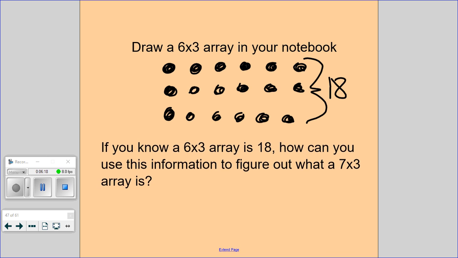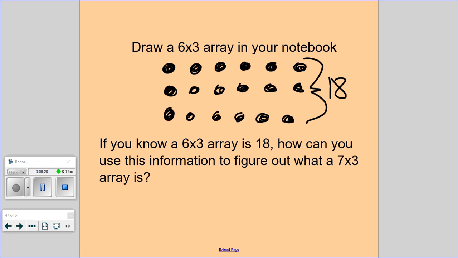If you know a 6 by 3 array is 18, how can you use that information to figure out what a 7 by 3 array is? Nope, I'm not asking you to draw a 7 by 3 array. I want you to tell me in words, if I know a 6 by 3 array is 18, how can I figure out a 7 by 3?